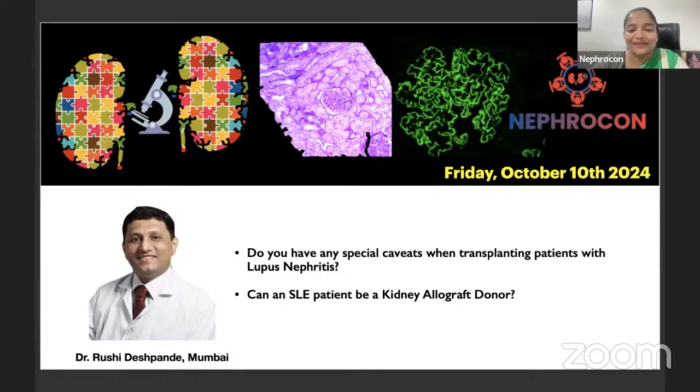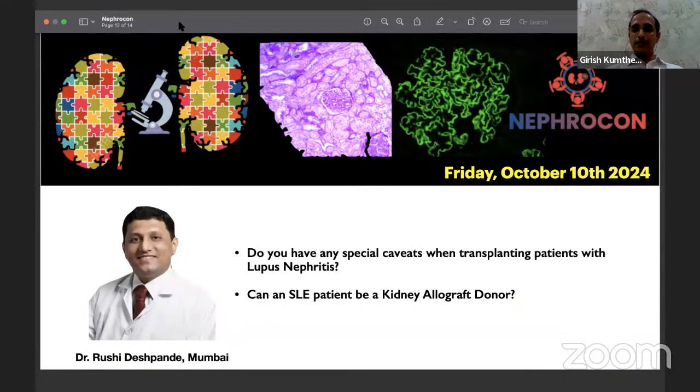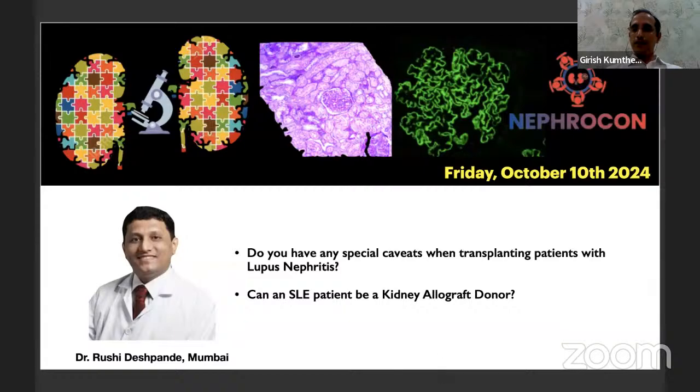The words of wisdom by Rishi sir are that lupus nephritis is a disease in evolution. That, I think, is the take home for today. We need to keep discussing this particular topic. As the series of webinars has begun with nephropathology, I think we should all thank Dr. Pooja for excellent insights in the histopathology.